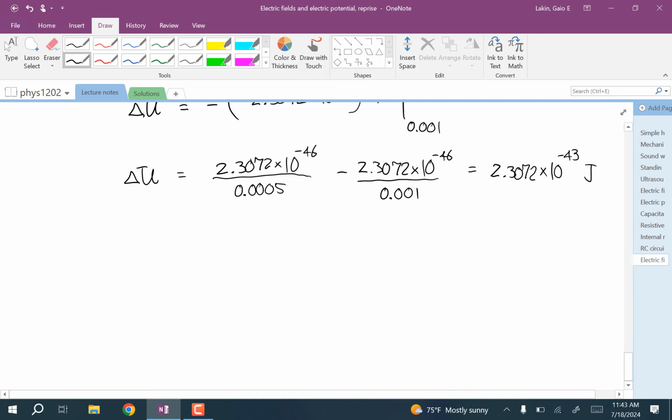So just remember that you're still going to use this same approach, and you have to remember that the change in electric potential is the negative integral from the starting location to the ending location of the electric field dx.